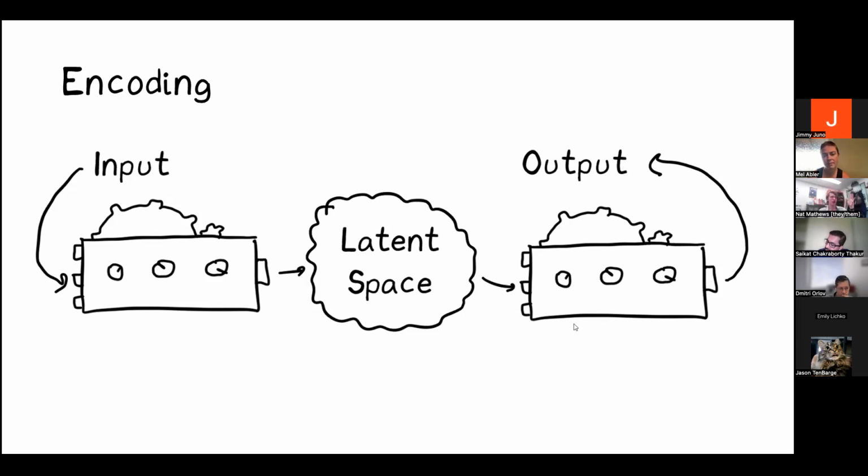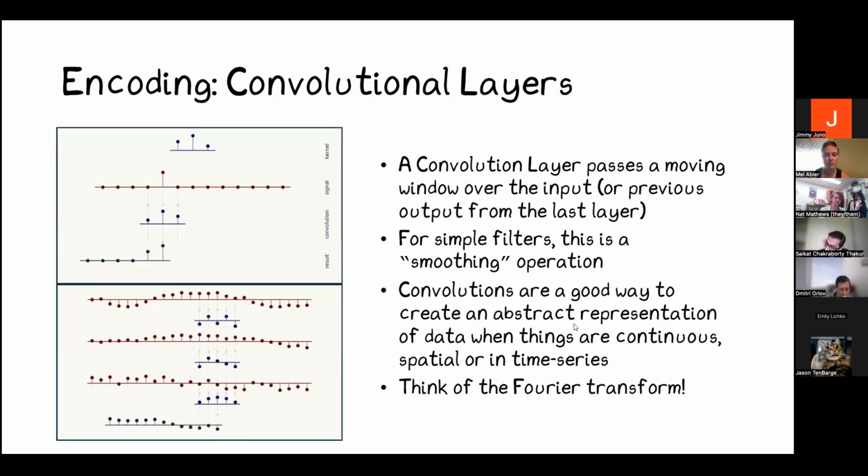To do encoding, a lot of the time you use something called a convolutional layer. A convolutional layer just has a window, a convolution window, that passes over the input. 1D and 2D windows are both common. 2D convolutional layers are how we do a lot of image learning in machine learning. 1D convolutional layers are often for time series.